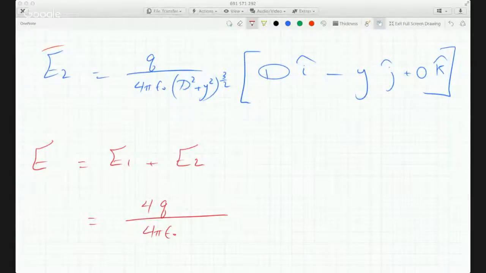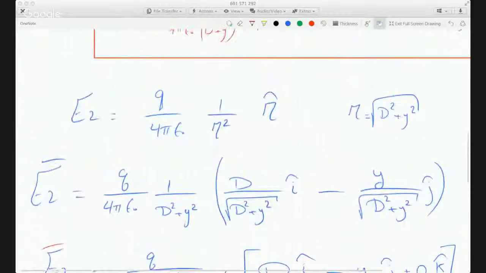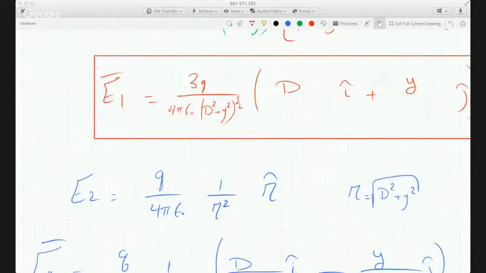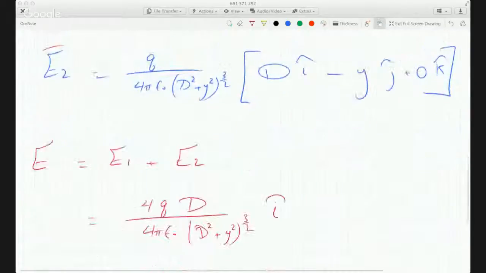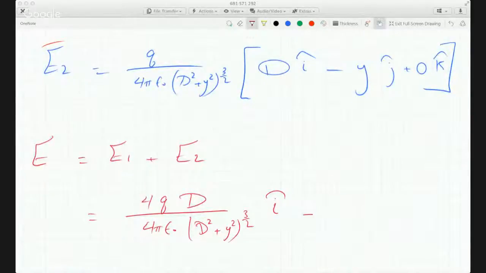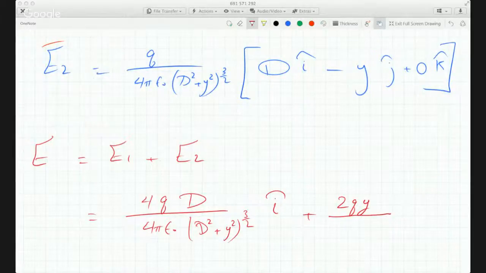Actually, no, let's just do it here. 3QD over 4 pi epsilon d squared plus y squared to the 3 halves and the i, and now we add the j with the j, so you have 3QY minus QY, so what's that? 2QY over 4 pi epsilon. Let me tell you what, actually, let me factor out the 4 pi epsilon d squared plus y squared. Isn't it better?